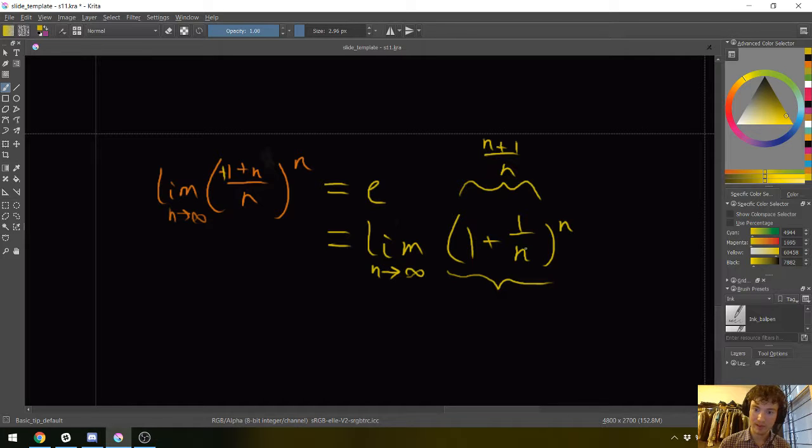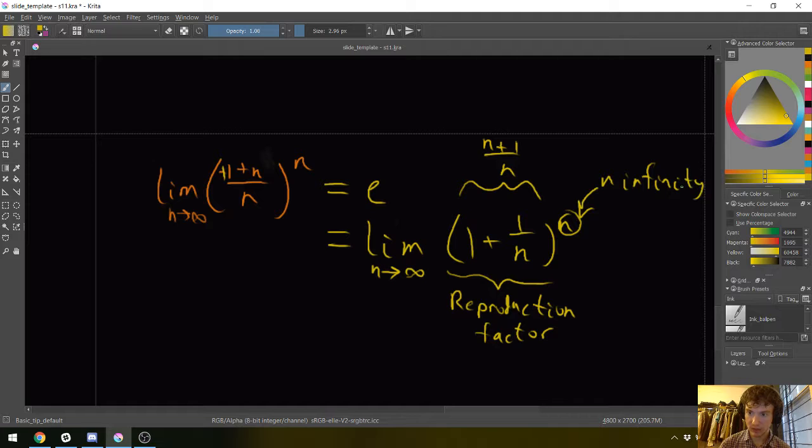So the thing on the inside is kind of the breaking up of bacteria into different groups, and the power n is the number of times that you're multiplying by that factor. So this is the reproduction factor for the colony of bacteria, when 1/n of them divide, and then they divide n times. And we were taking n to infinity. So if you forget it, you can figure it out just from remembering the story about the bacteria.